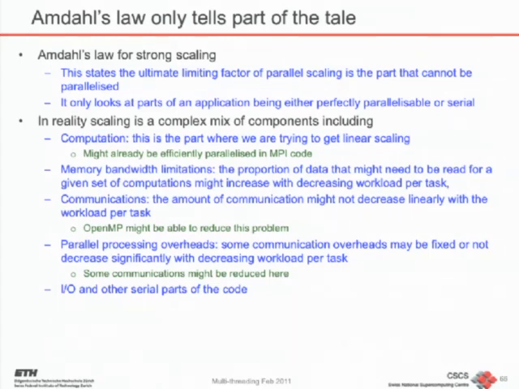And that can slow down the parallelizability of a region. Even if you fully parallelized it as far as you're concerned, it might not be running as fast as something else. Communication is similar. You have some parallel processing overheads anyway, and then you have I/O and other serial parts of the code.